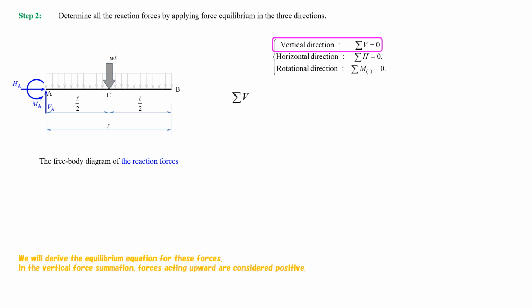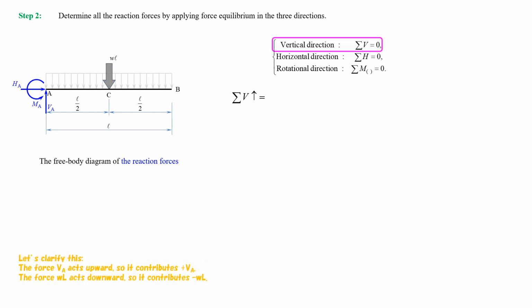In the vertical force summation, forces acting upward are considered positive. Let's clarify this. The force VA acts upward, so it contributes plus VA.